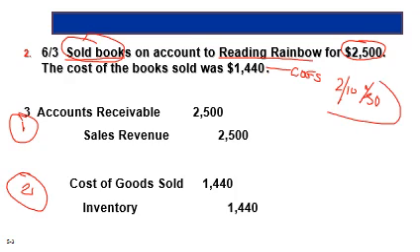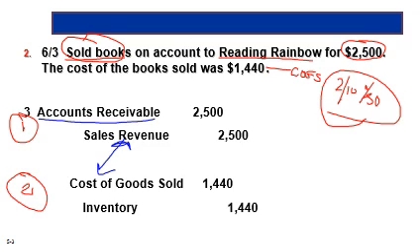Because our terms are 2/10 net 30, this is going to have an accounts receivable for the amount of the sale, and we have sales revenue of $2,500. The sales revenue means we have to have a cost of the sale. The cost of the sale is $1,440, and that is going to reduce the amount of inventory we have.